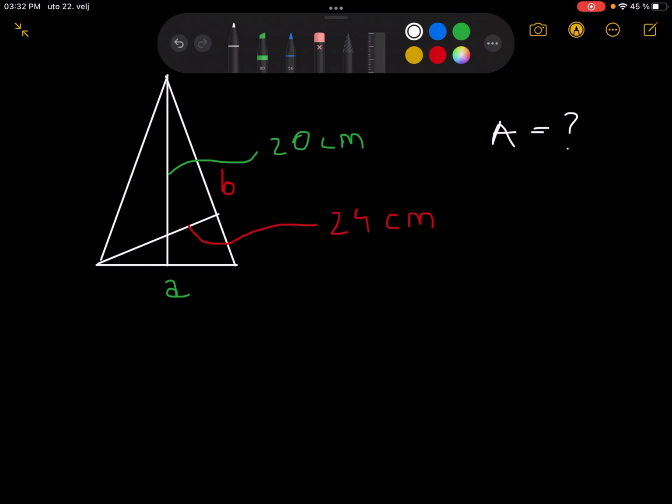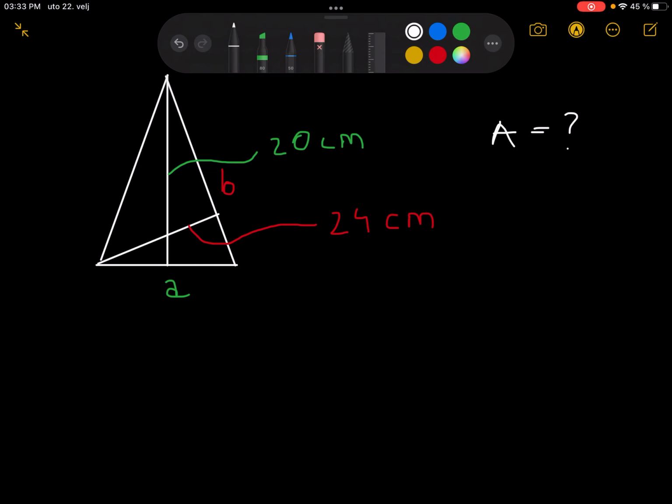So hello everyone. Today we're supposed to find the area of an isosceles triangle whose height, which corresponds to its base, equals 20 centimeters, and whose height, which corresponds to one of its other two sides, both of its other two sides, since it's an isosceles triangle, is equal to 24 centimeters.